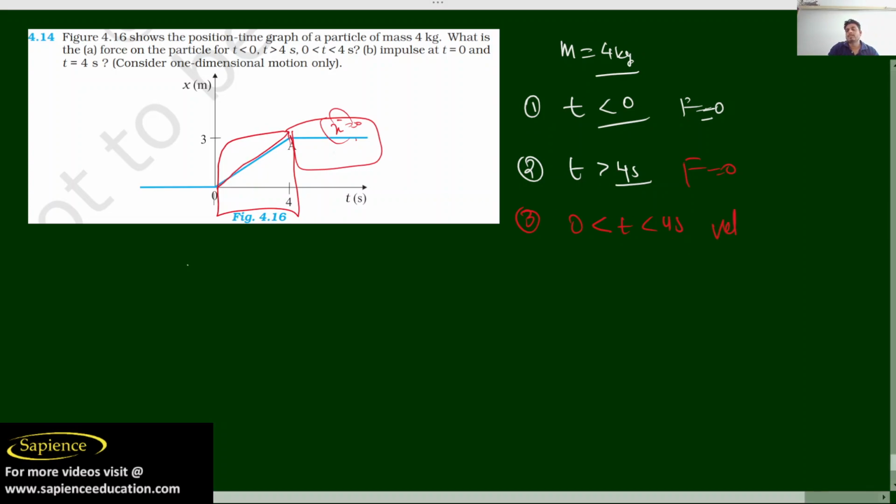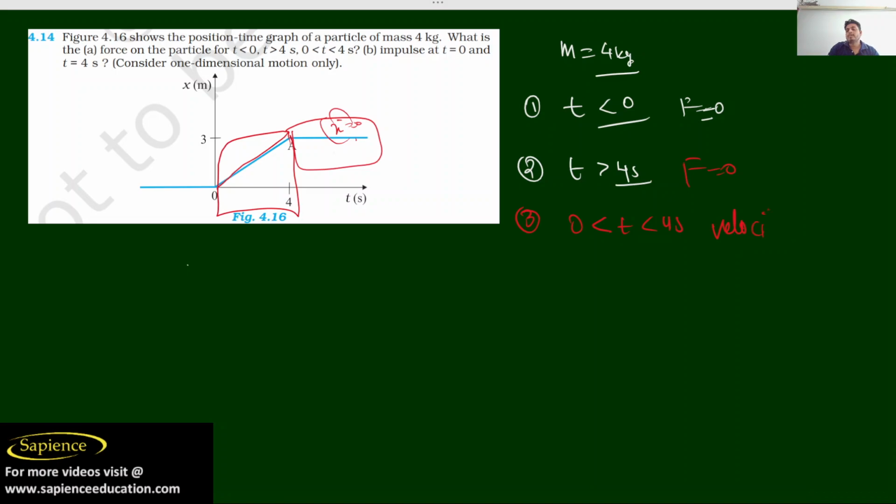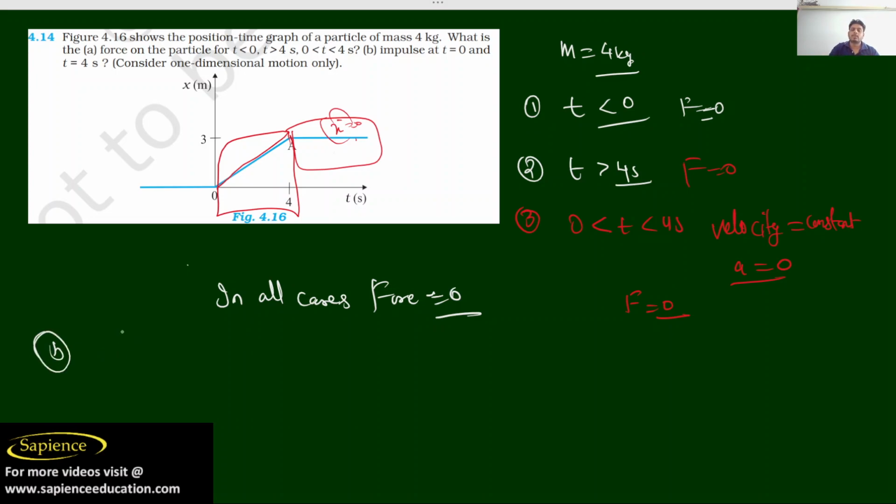If velocity is constant, then acceleration is 0, and if acceleration is 0, then force will definitely be 0. So in all cases, force is 0.